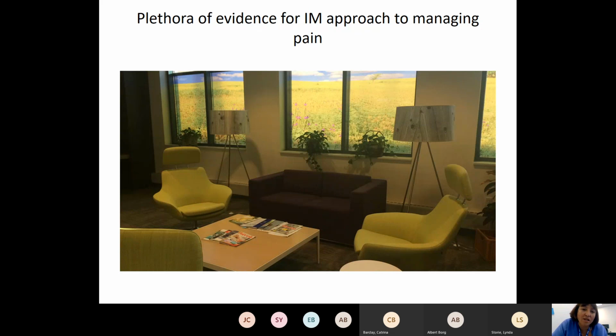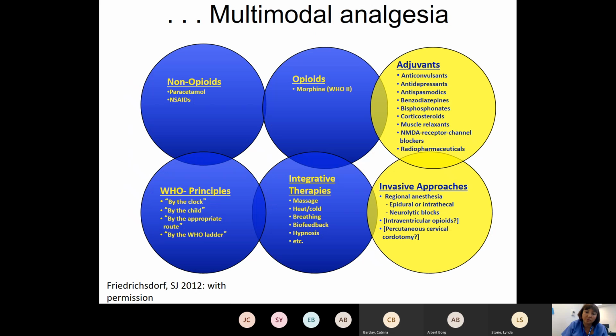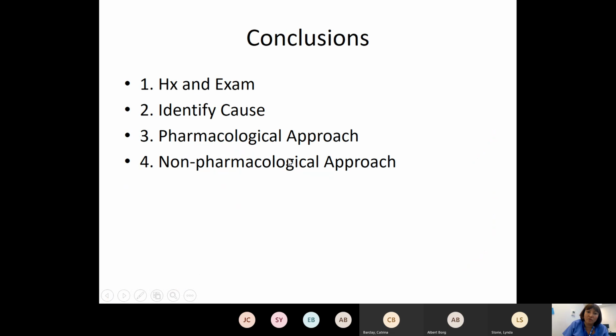So really what I'm trying to say is that we don't often within our culture, within our department, think of the non-pharmacological approaches, but I think it is something that we should give more thought and consideration to. And I hope what I've tried to do is give you an overview, knowing that more in-depth discussions will come about specifics.